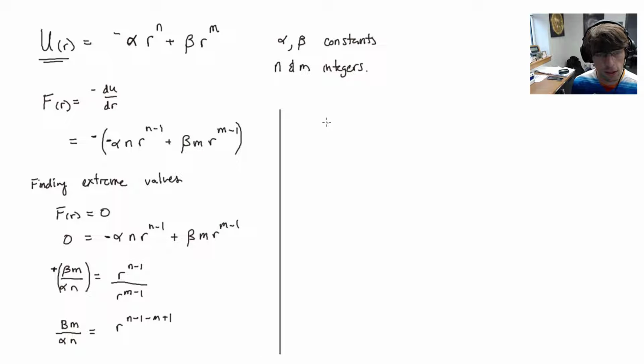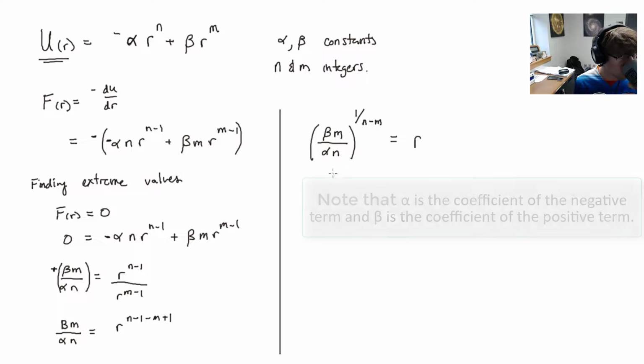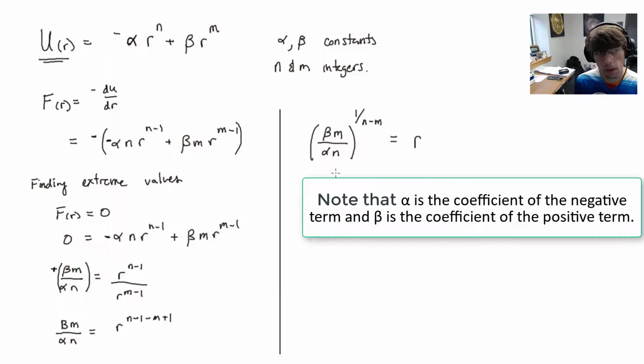And at the end of the day, you get beta m over alpha n, to the 1 over n minus m, equals r. So at least in this situation, where I have just some linear combination of two powers, apparently the extreme values are given by this expression.